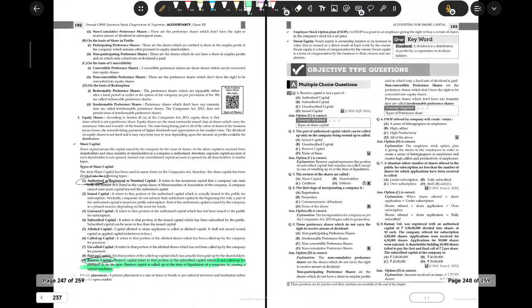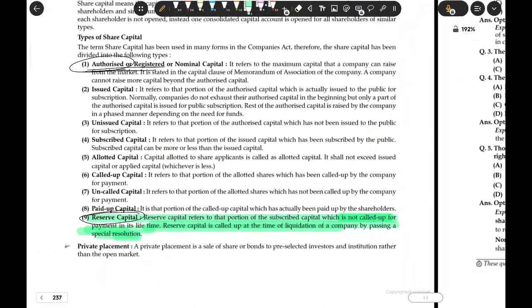Okay, and these 3 words are 1 mark important. What is meant by private placement? When we need money we issue shares, but no one is purchasing the shares of our company.